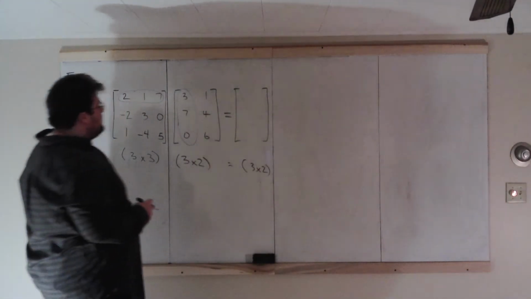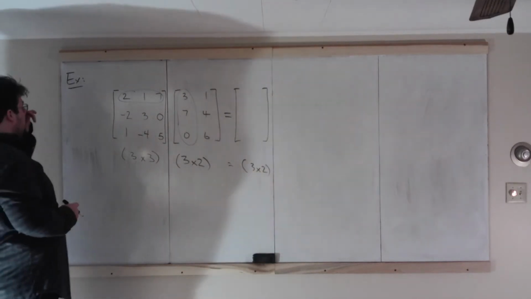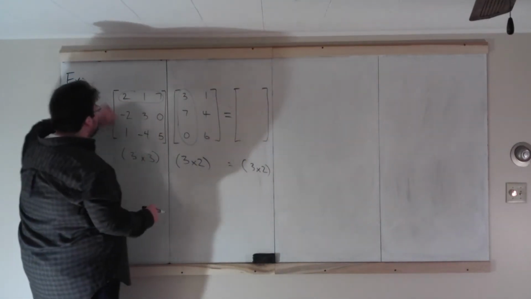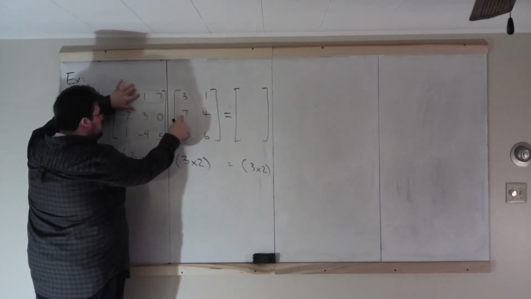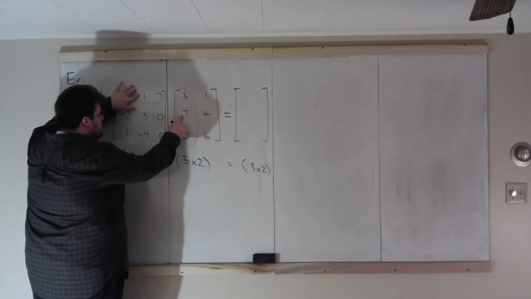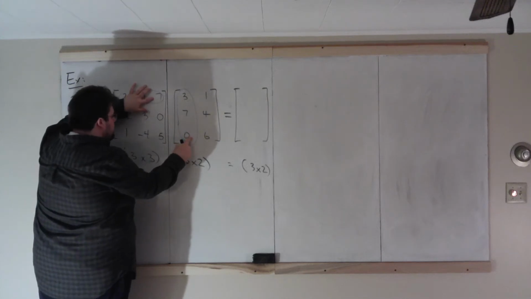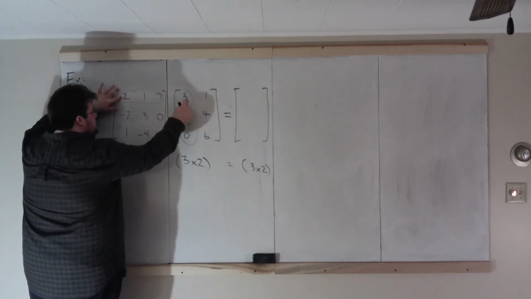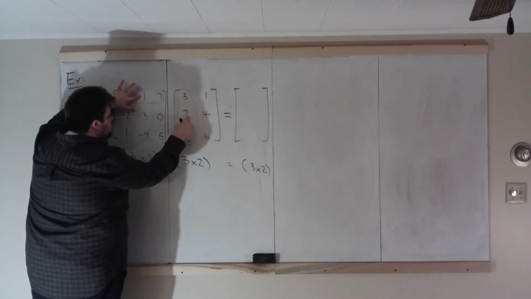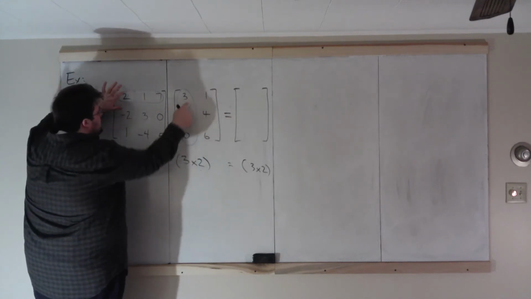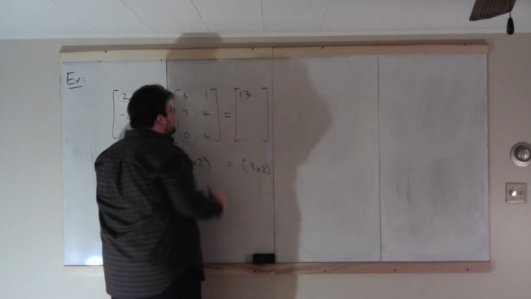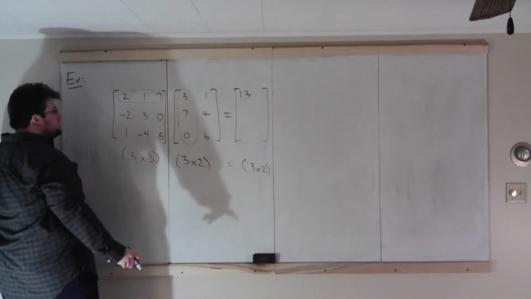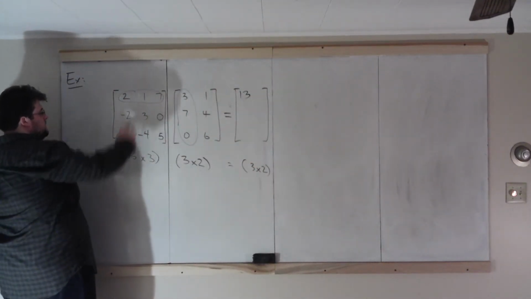So let's look at the entries. Well, we have these 3 and these 3. 2 times 3 is 6. 1 times 7 is 7. 7 times 0 is 0. 6 plus 7 plus 0. 6 plus 7, 13. Next, we still have another column to do, so we stick with this row.